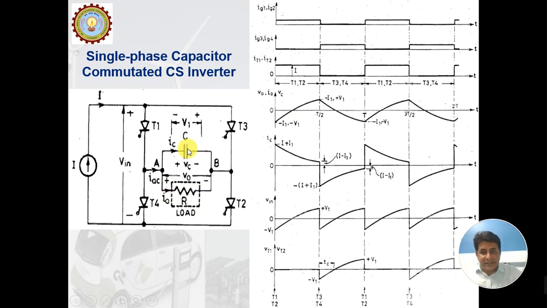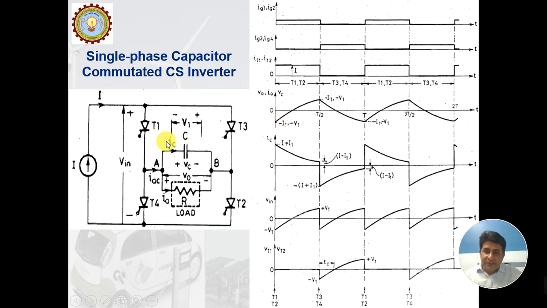So we can say that V0, the voltage at the load, is nothing else but minus V1. This minus V1 is the output voltage, and this minus V1 is also the voltage of the capacitor. Here we have considered the load to be resistive, so the voltage and the current will have the same waveform. Here this voltage is negative.